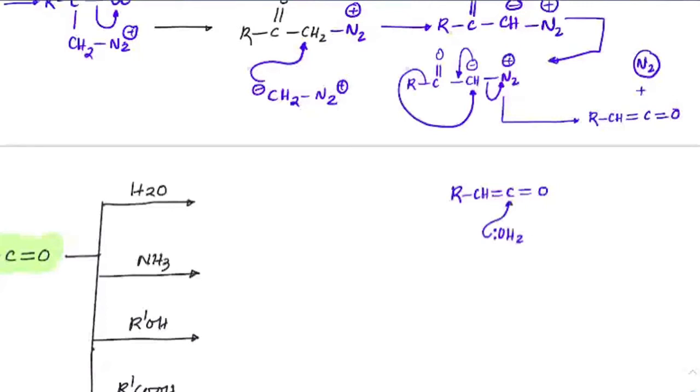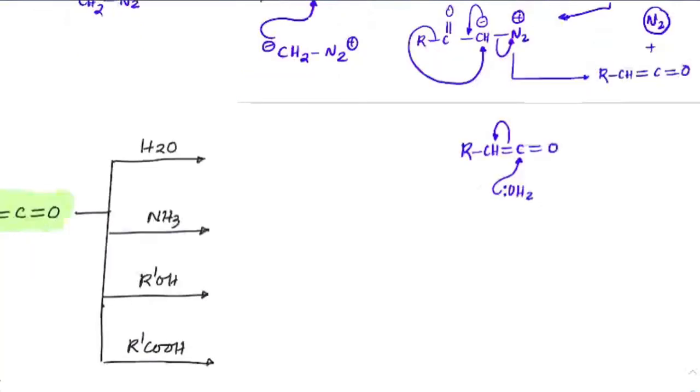As soon as that attacks, we'll have RCH double bond C, O minus, and OH2 plus, which means OH has been attached here.